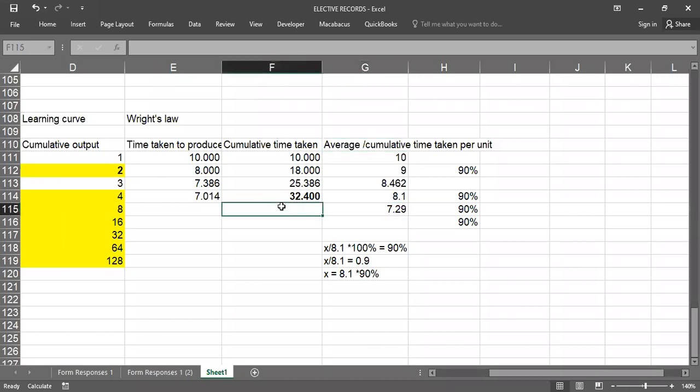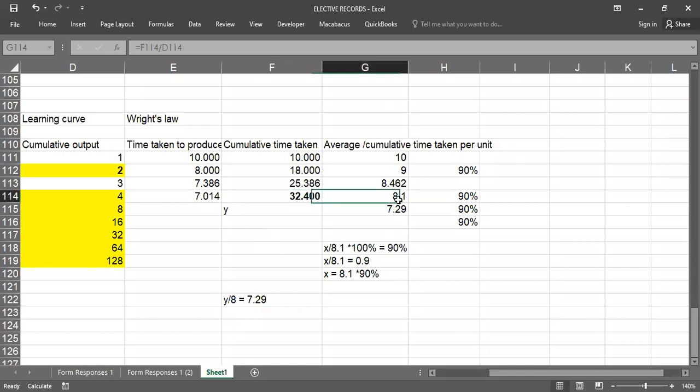But to get cumulative, if this is Y, that Y of mine, cumulative, is given by Y divided by 8 should give me 7.29.